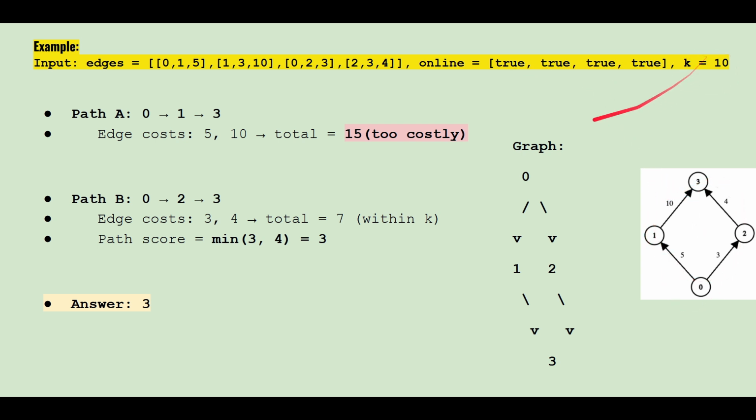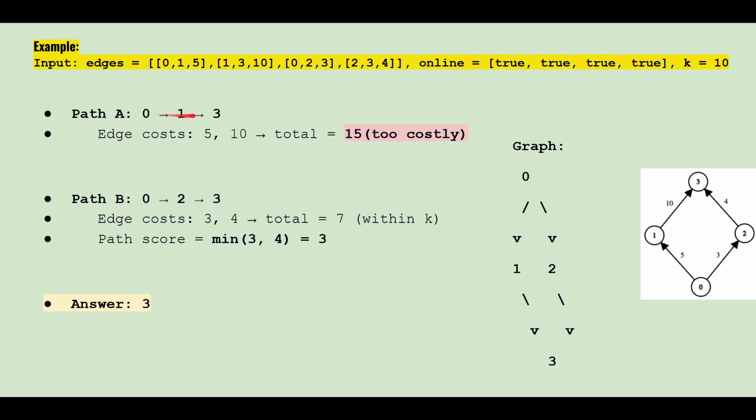And k is 10. As we understood, we have seen this example already, but still let's go through it, because this is a new video and maybe some of you have not seen the other video. Understand path A: there is one path, we can say, going this way, 0, 1 and 3, and another path is 0, 2 and 3.